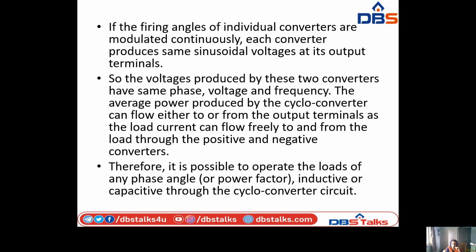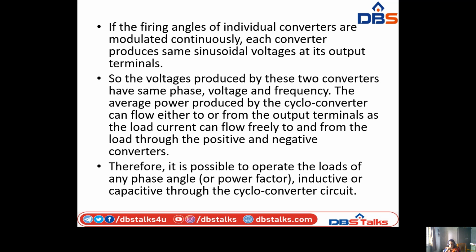Here the firing angles of individual converters are modulated continuously. Each converter produces the same sinusoidal voltage at its output terminal. So the voltages produced by these two converters have the same phase, voltage and frequency.